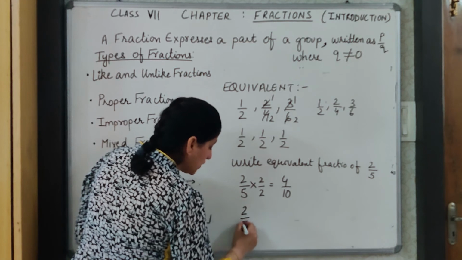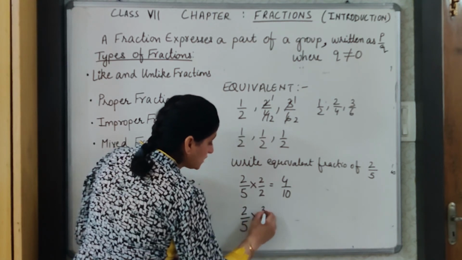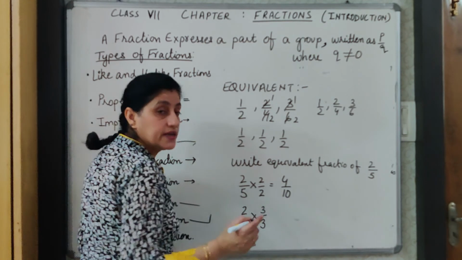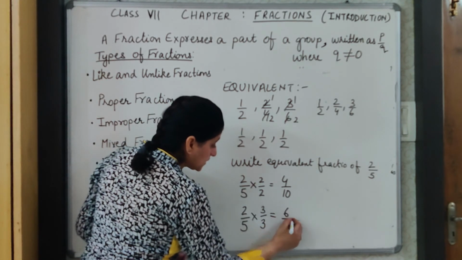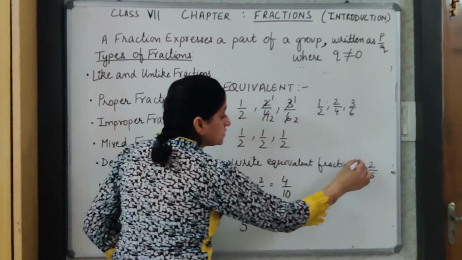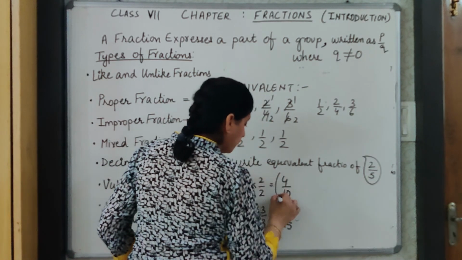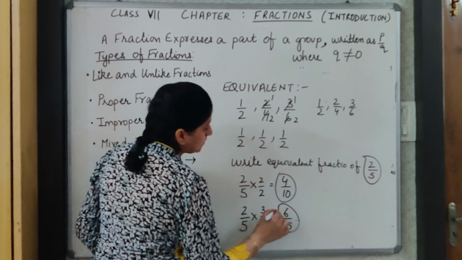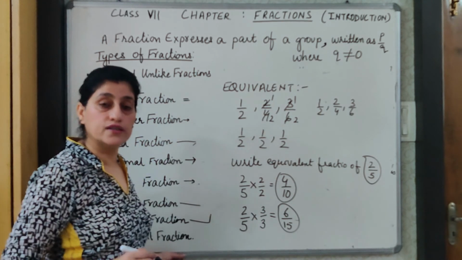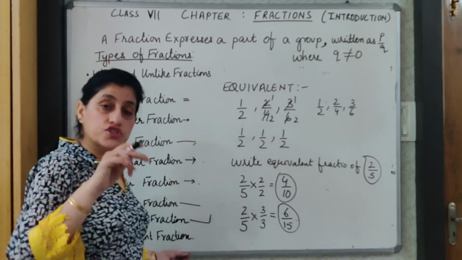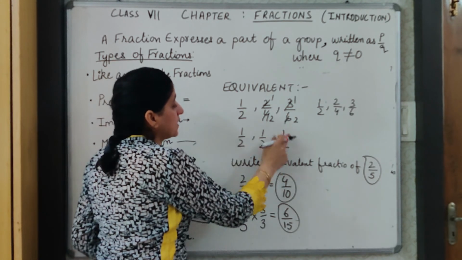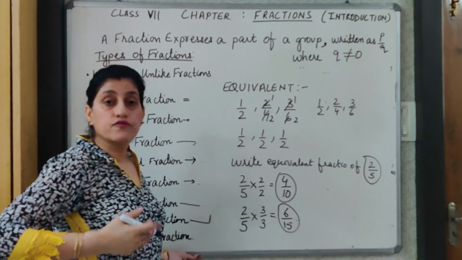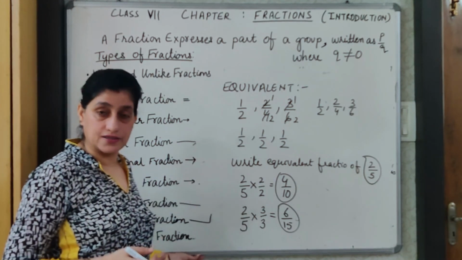If I have to write one more number, then I will multiply the numerator and the denominator by some other same number. So I get 6 upon 15. Thus 2 upon 5, 4 upon 10 and 6 upon 15 are equivalent fractions. To check whether the given fractions are equivalent or not, we will divide like this, and if we get all the same, we say it is an equivalent fraction.